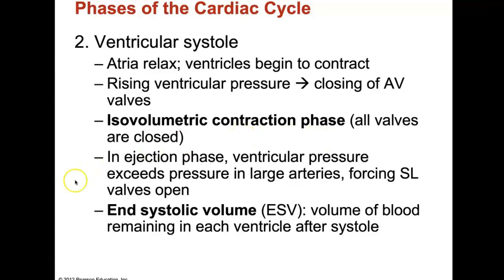The isovolumetric stage ends as the SL valves, or semilunar valves, are forced open and blood rushes from the ventricles into the aorta and pulmonary trunk. During this ventricular ejection phase, the pressure in the aorta normally reaches about 120 millimeters of mercury.